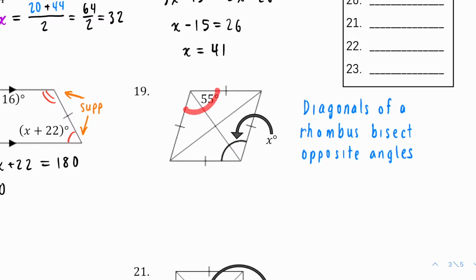So the two of them together would be 55 plus 55, which is 110. And this 110 here has to be congruent to that angle there. So x is 55 times 2, or 110.